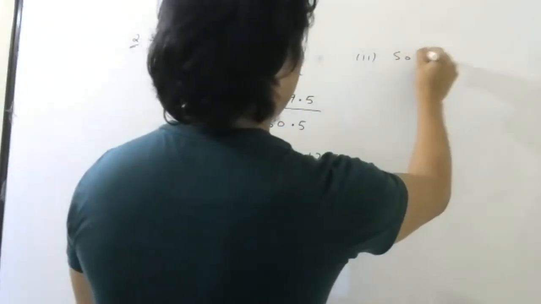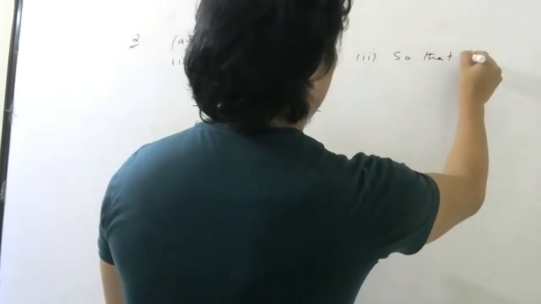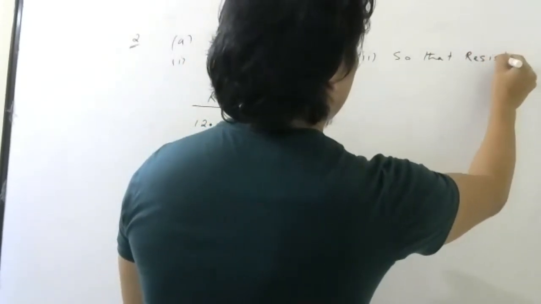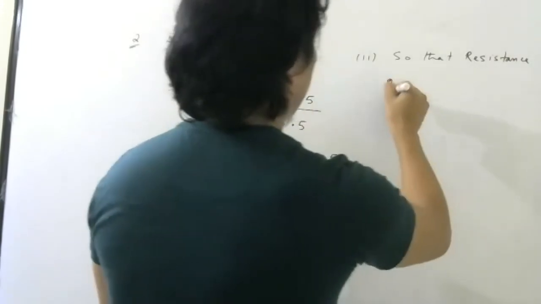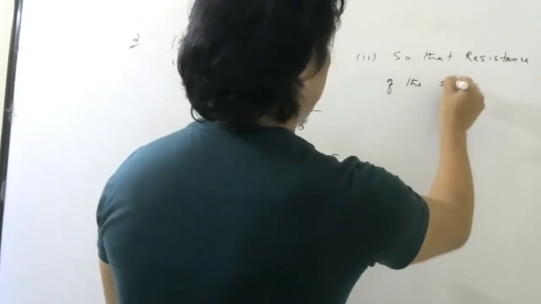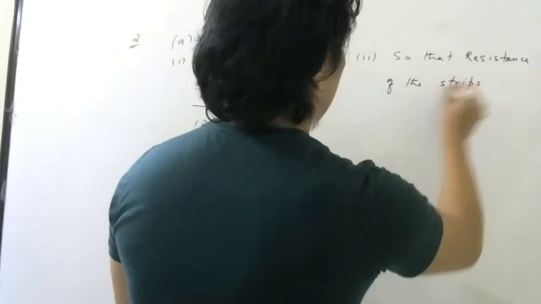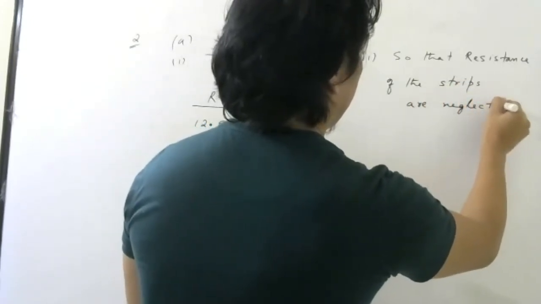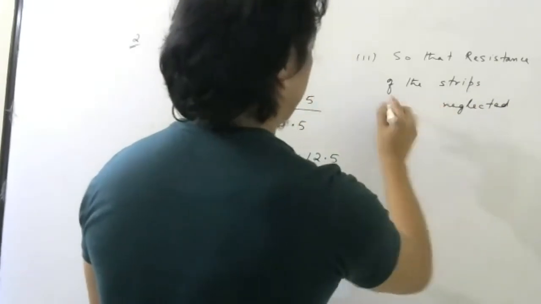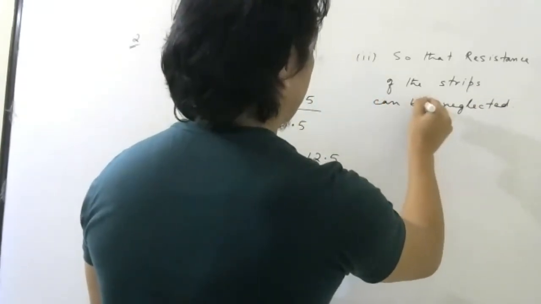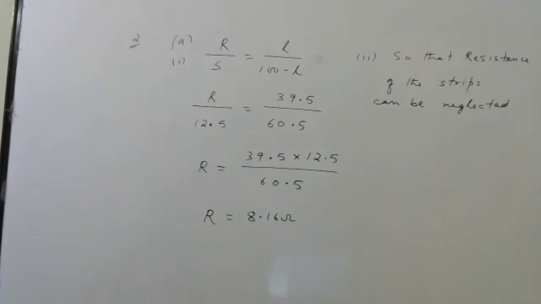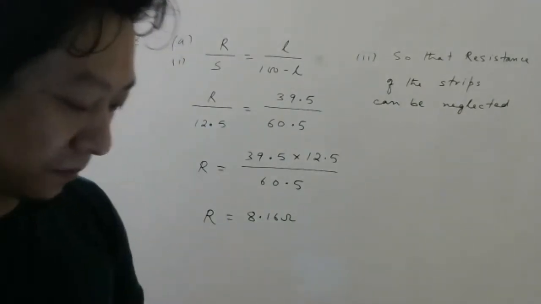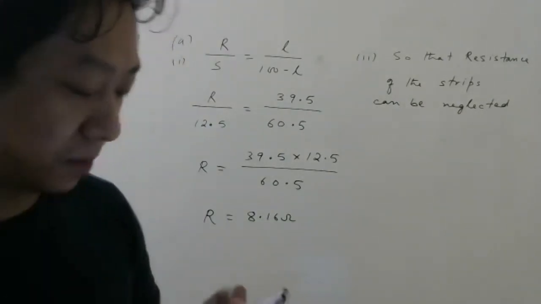So that the resistance of the strips can be neglected. We use thick copper strips so that the resistance of those copper strips can be neglected.